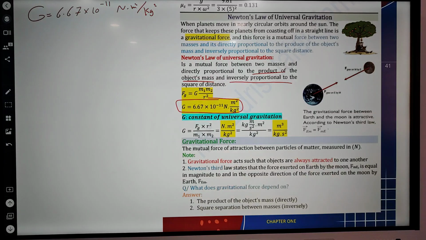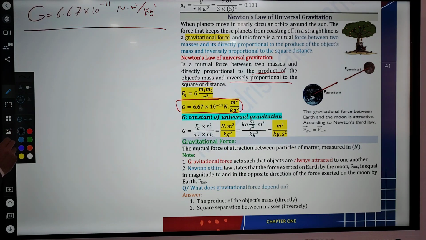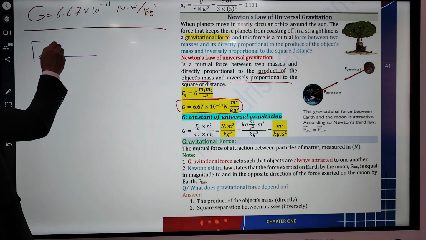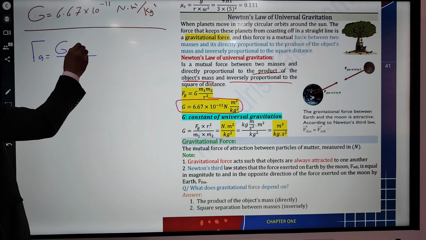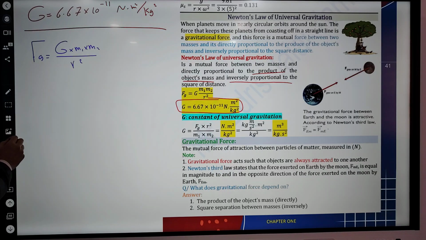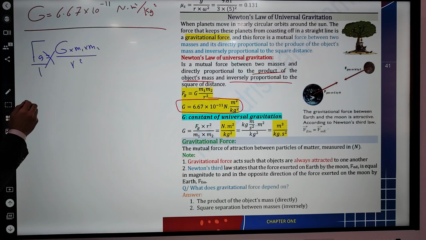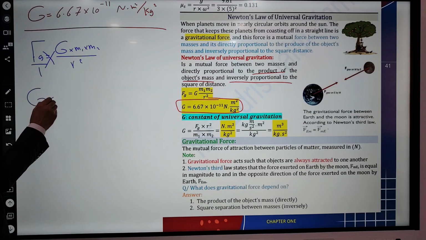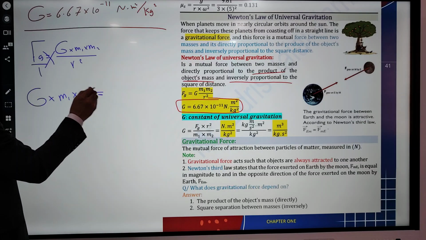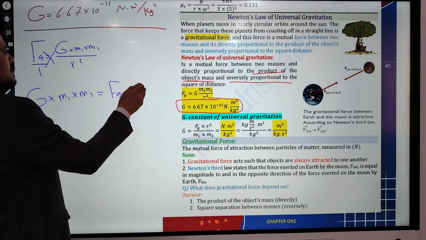How can you prove this unit, in case you forget? You can prove it from the equation Fg is equal to G times m1 times m2 over r squared. Rearrange by cross multiplication: G times m1 times m2 is equal to Fg times r squared.